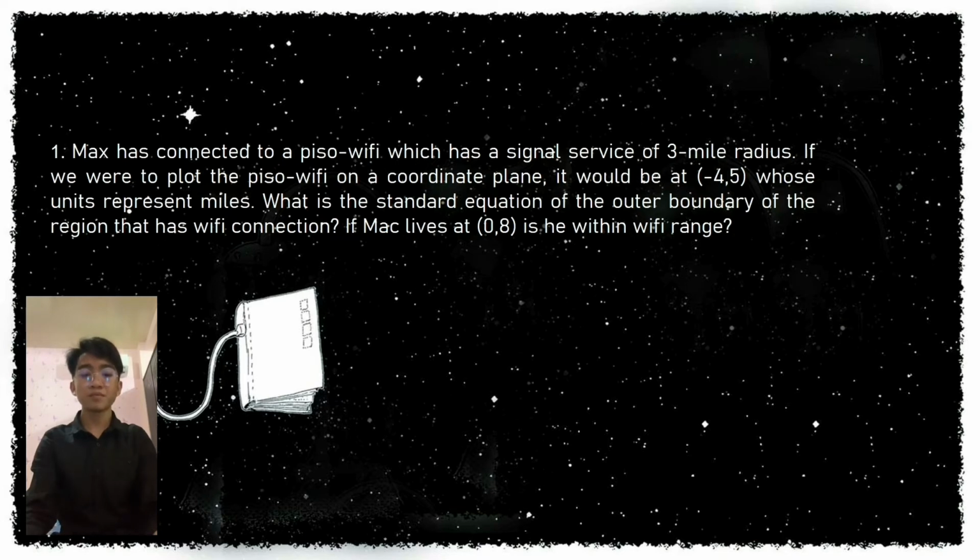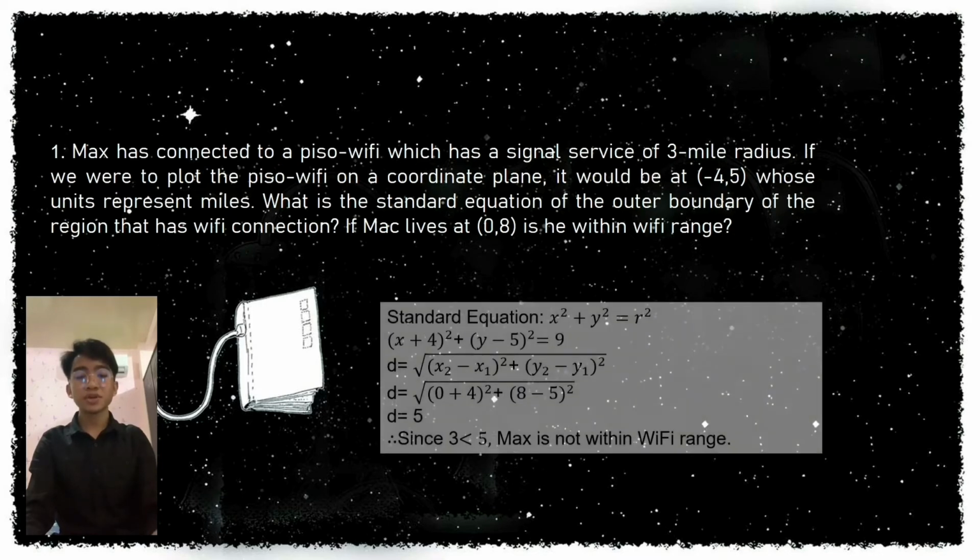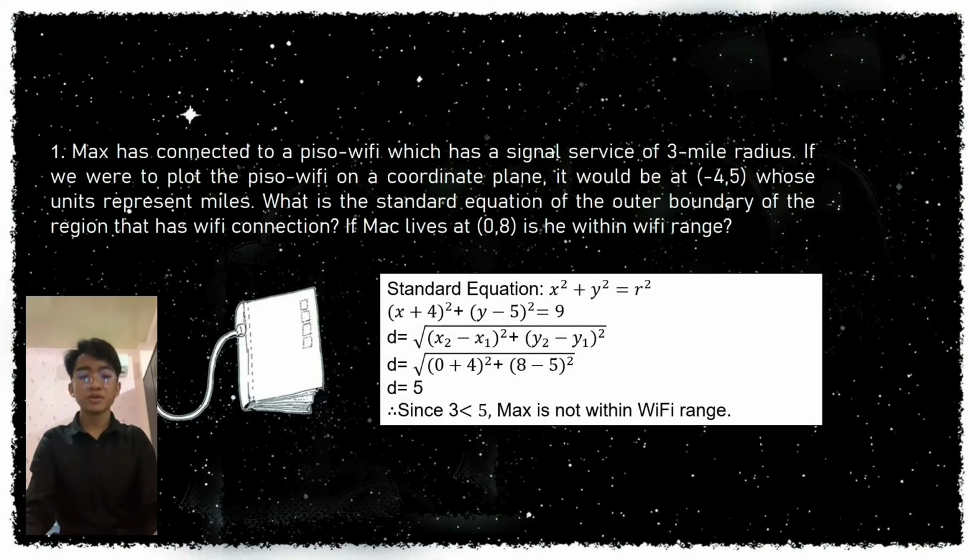If we were to plot the Wi-Fi on a coordinate plane, it would be at (-4, 5), whose units represent miles. The question is, what is the standard equation of the outer boundary of the region that has Wi-Fi connection? If Max lives at (0, 8), is he within the Wi-Fi range?